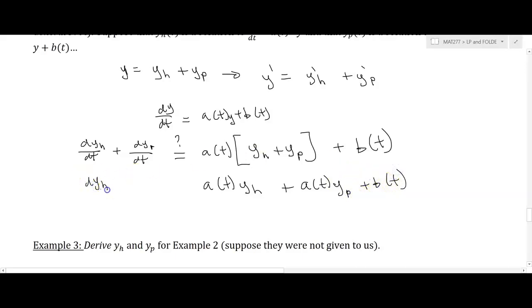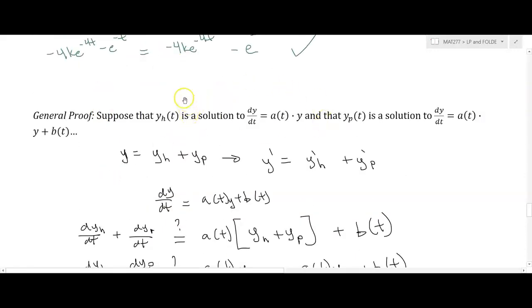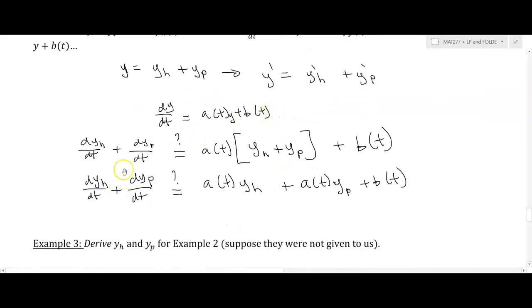And I want to see if these two sides are equal, but there's not much algebra to go off of here. The only thing that I'm allowed to use is the fact that I know from the suppose that y sub h is a solution to this. So notice that what I have here is the derivative of y sub h. Well, what I know that that's equal to is a of t times y sub h, because I know that y sub h is a solution to that homogeneous reduction.